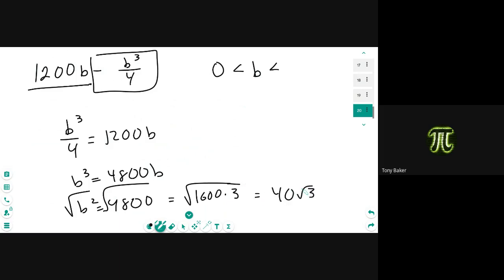So they want the 40 because they already gave you the square root of 3. Remember that real life restriction we were talking about before? Mathematically, it doesn't matter, I can put any number I want in there. But realistically, that doesn't make sense. Yes, so that's what they're looking at, that piece there.